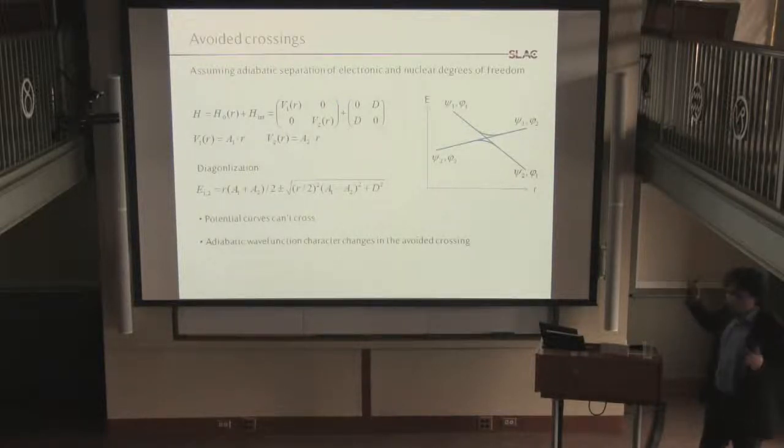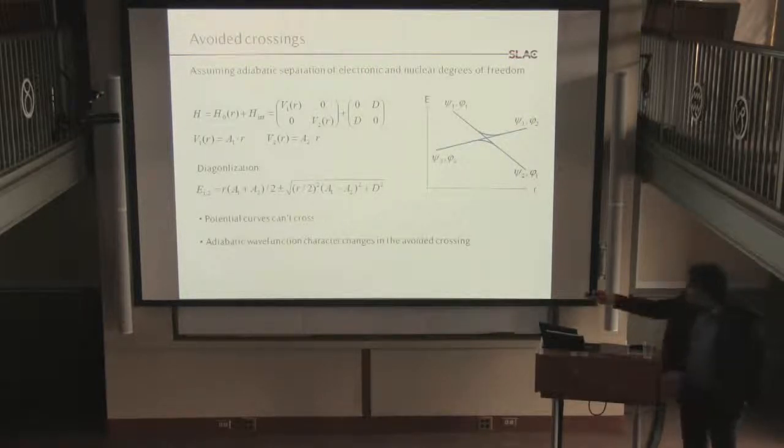And in order to see what happens, we just diagonalize the system and we get these so-called adiabatic energies. And we immediately see that they can't cross, right? Because in order for them to cross, we need this square root term to be 0. But it can't be 0. We have only positive terms here.